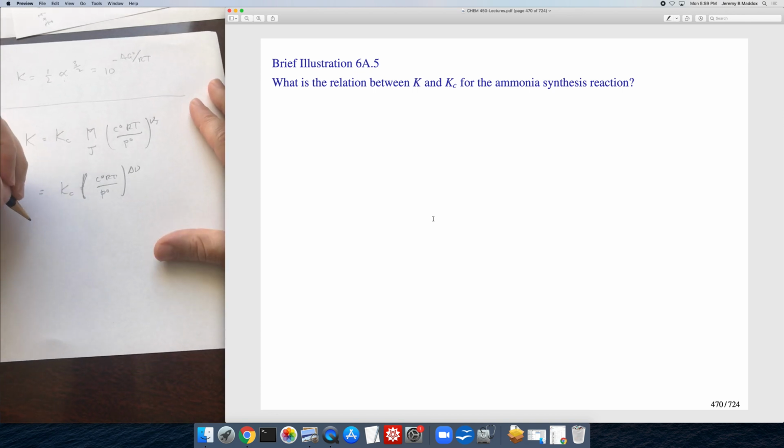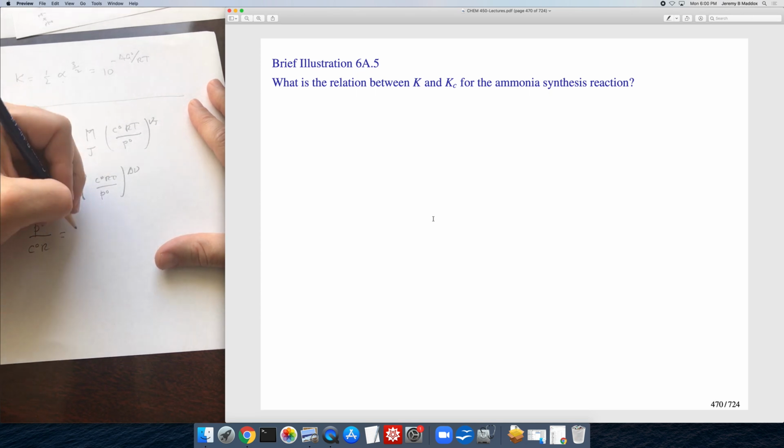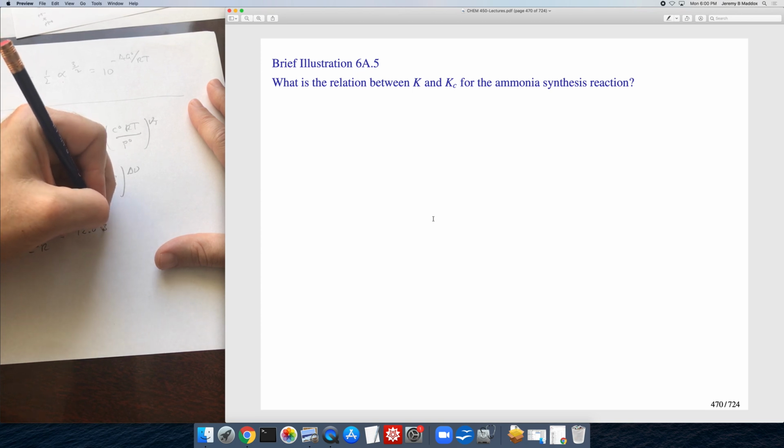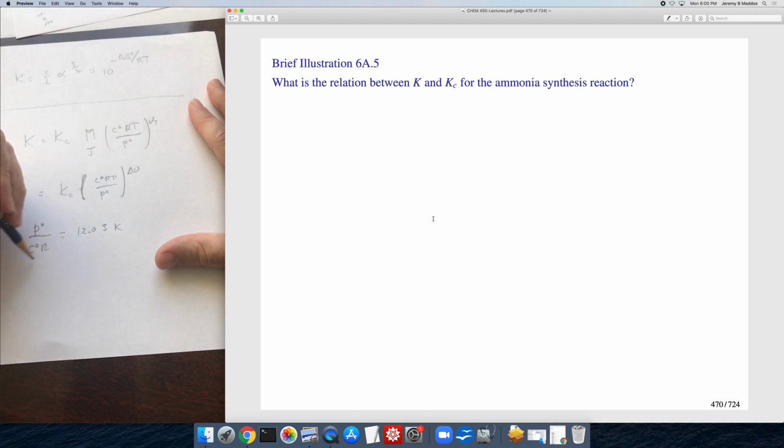What they point out here is that the value of P0 over C0R is 12.03 Kelvin. These are just constants. Here you'd be plugging in the temperature, probably 298 Kelvin.